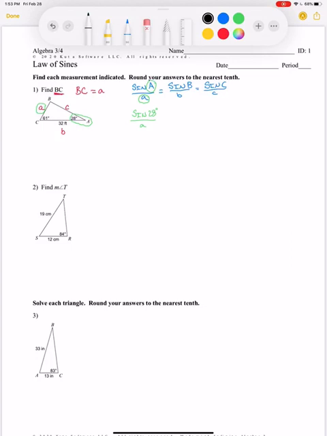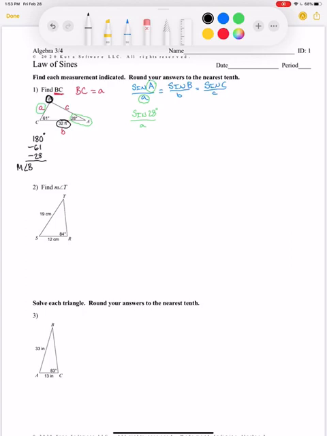I kind of want to use this 32 feet because it's going to be easy for me to find angle B. If we remember, all triangles have 180 degrees in them. I know that two of my angles are 61 and 28. So if I subtract both of those, it's going to get me the measure of angle B. Okay, so 180 minus 61 minus 28.